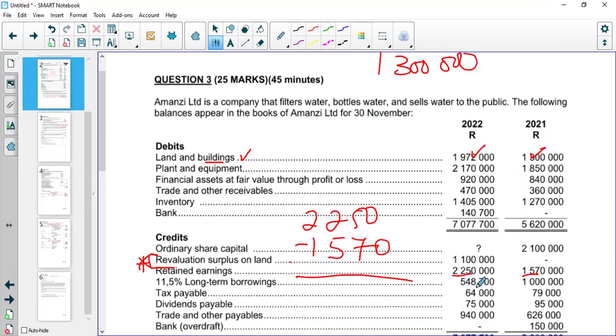So as a result of this revaluation increase of 680, we start with 1,300, then we add 680. So our balance should be 680 plus 1,300. So our balance should be 1,980, right? Did I do this calculation correctly?